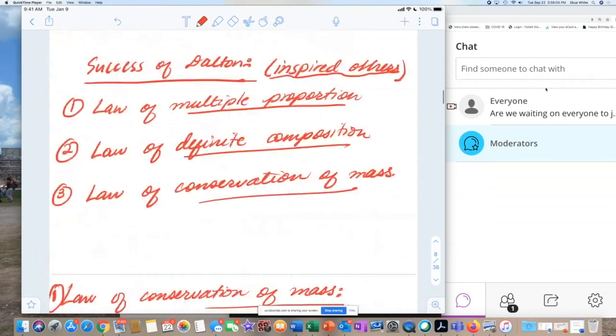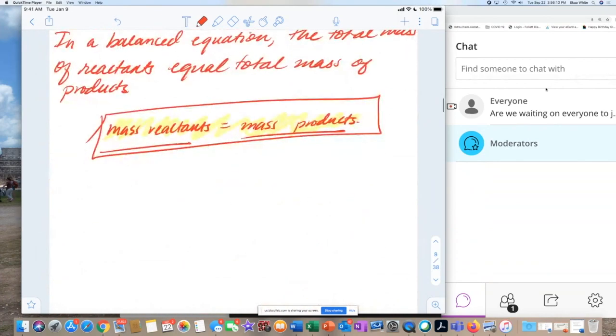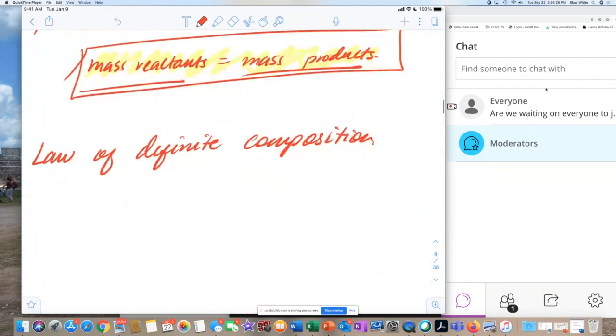Now I'm going to go through number two, law of definite proportion or definite composition. In this law, the law of definite composition, this law has a context. And what is the context?